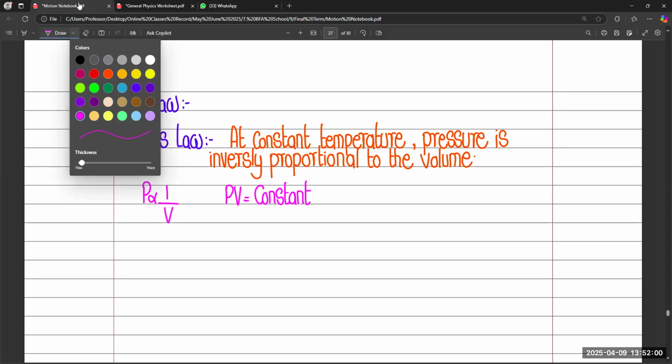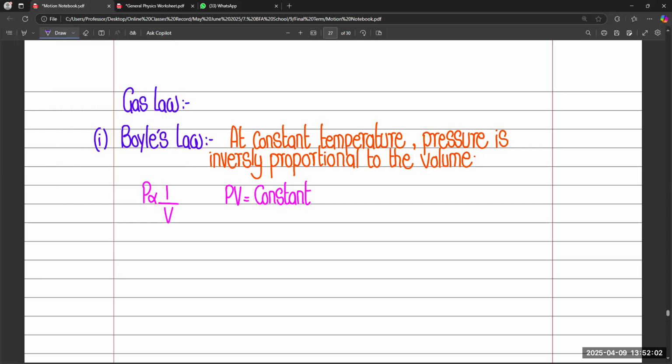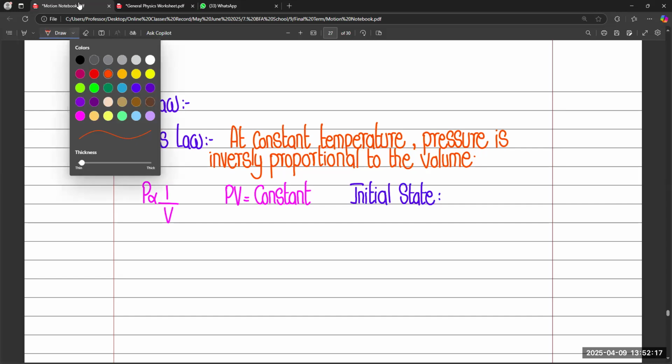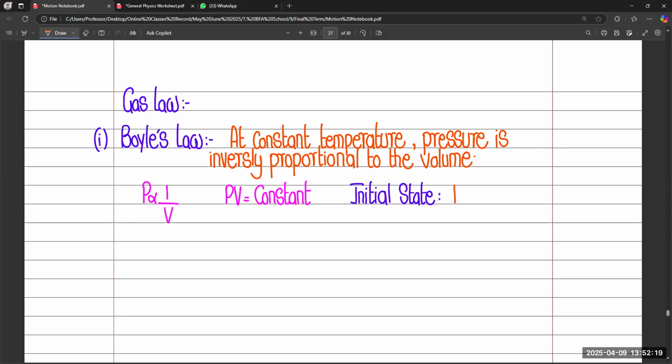And if we consider initial and final state, P1 V1 is equal to constant. So this is the initial state.